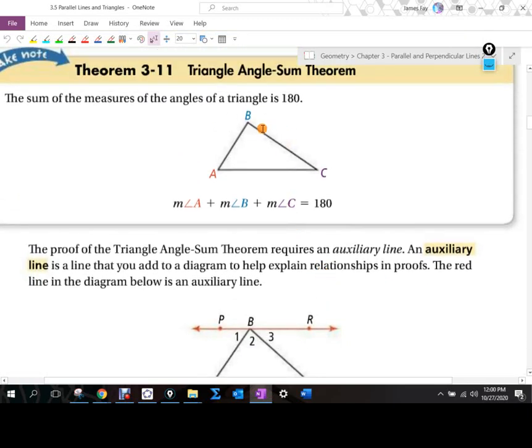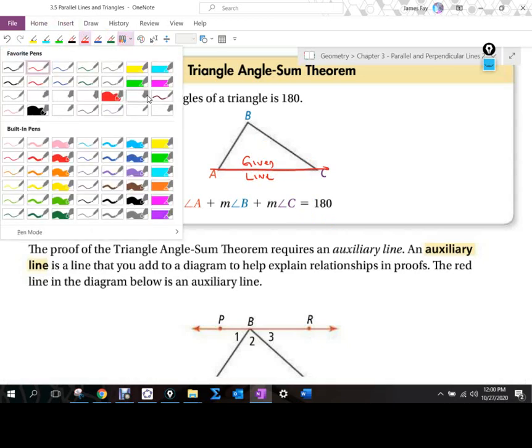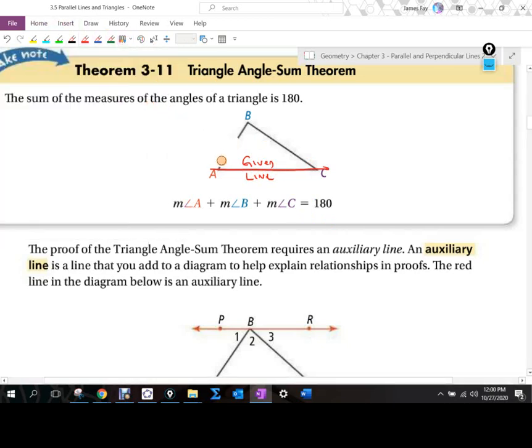But if I start with this triangle right here, just visualize this for me based off of what we just talked about. If I take AC and let AC be my given line, and I hide that segment and hide that segment, I have this point B now.